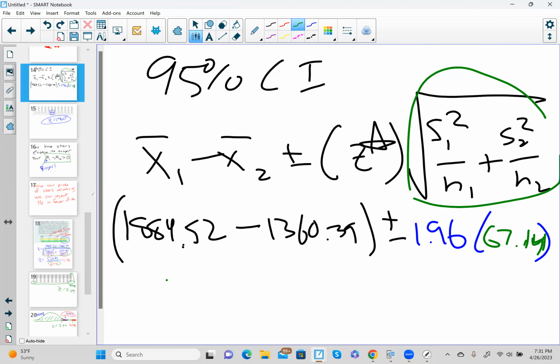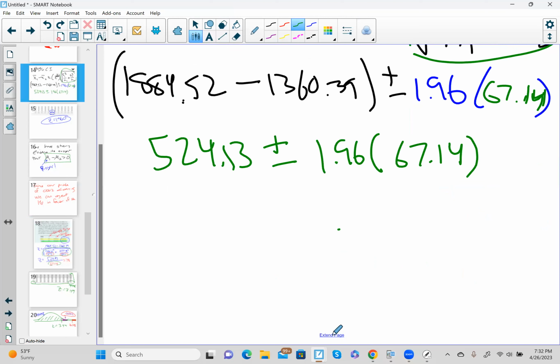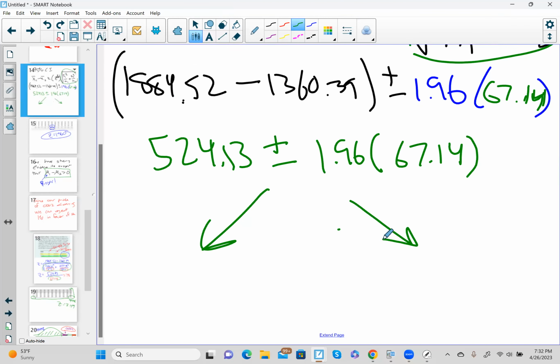So we're just about there. Our interval looks like this, 524.13 plus or minus 1.96 times 67.14. Same thing applies as earlier. This is really two questions in one. So we're going to have a lower bound and an upper bound. I'll do that for you separately here. So we have 524.13 minus 1.96 times 67.14, and we get 392.5.